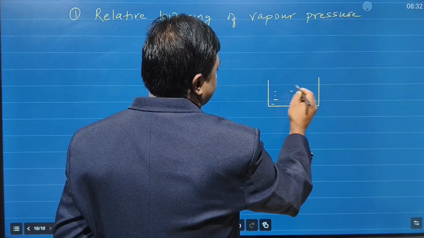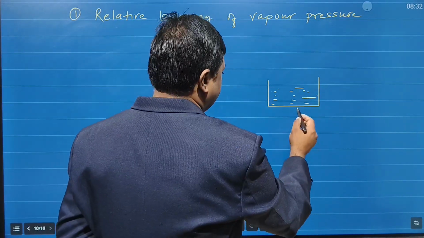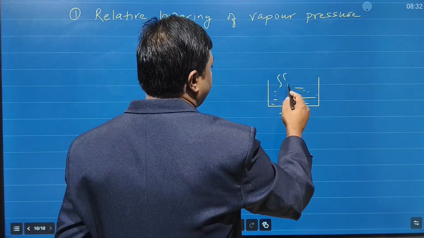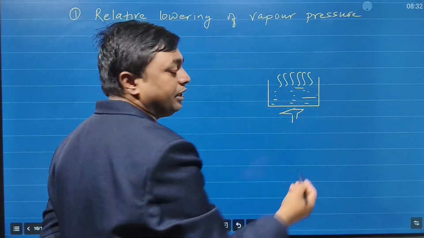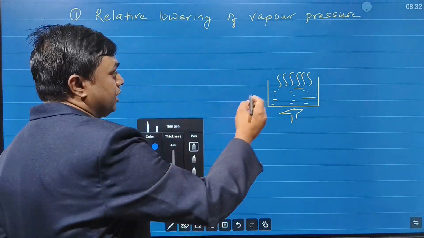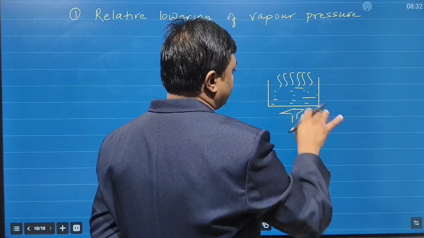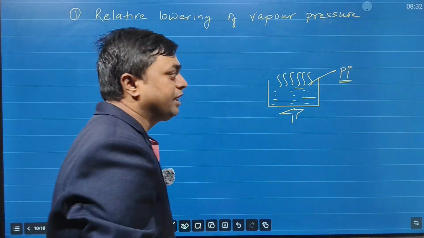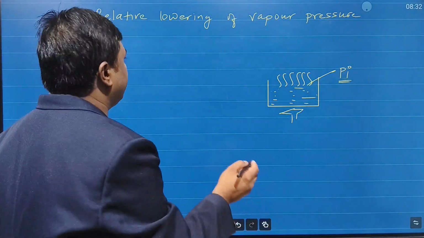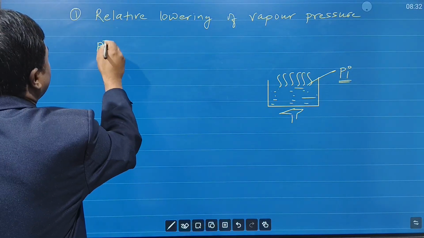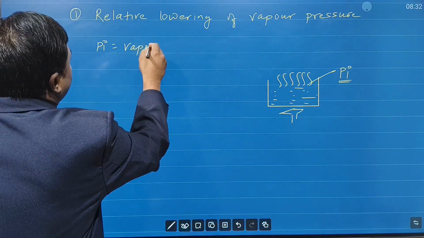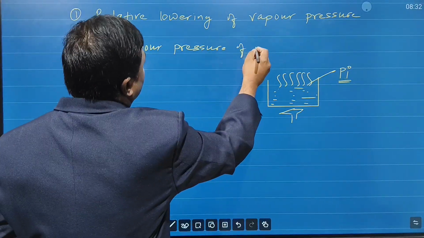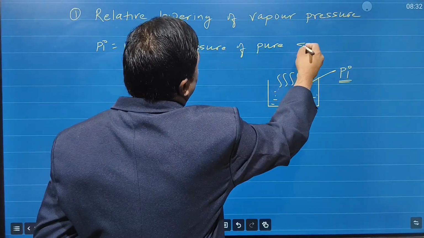Let's take water, at some temperature. Vapor of the solvent will be there if you heat it, and it will exert a pressure over the solvent that we name P1 degree. What is P1 degree? Vapor pressure of pure solvent. Some terms you should remember.